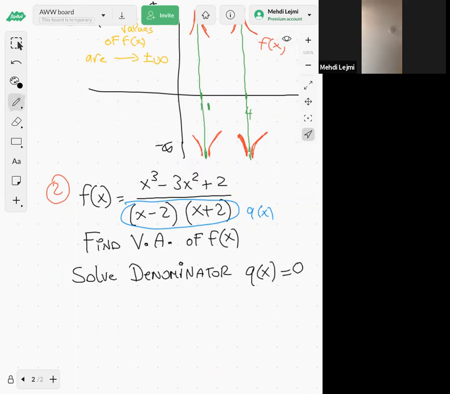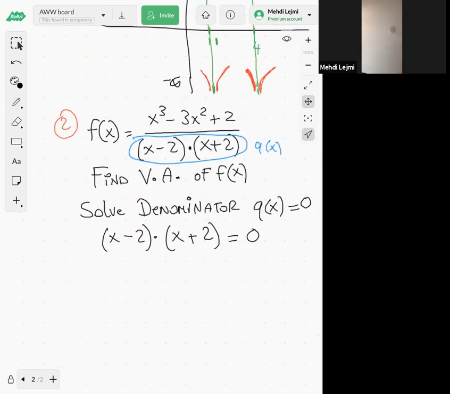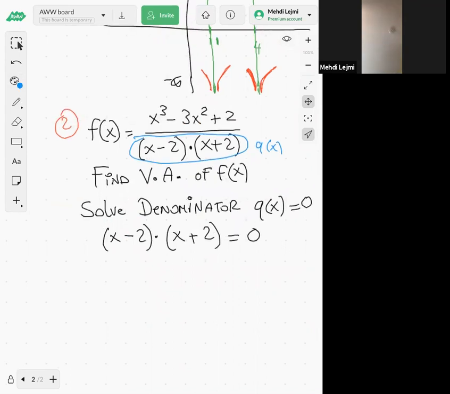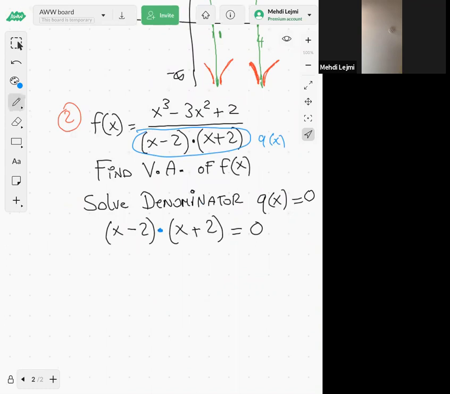Right, and so here q of x is just a product of two factors, x minus 2 times x plus 2 equal to 0. So you have a product equal to 0. So either the first factor is 0 or the second factor is 0, right? So either x minus 2 is 0, right?